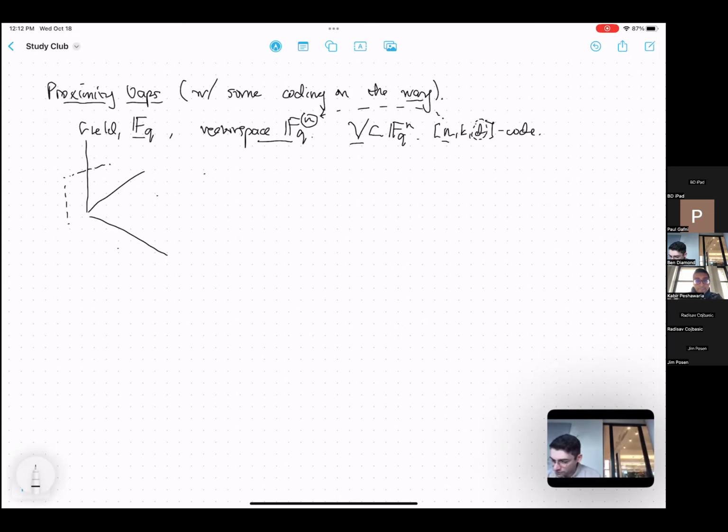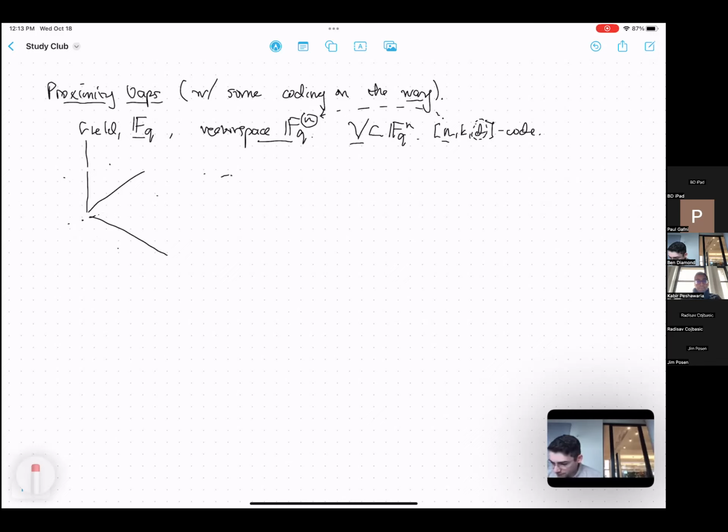Some, of course, may be much further apart than d, but d refers to the closest that any two ever get. So you have a minimum distance d, which any pair exhibits. Of course, in general, they might be farther than d. And d will show up in various places, but let's just forget about it for now.